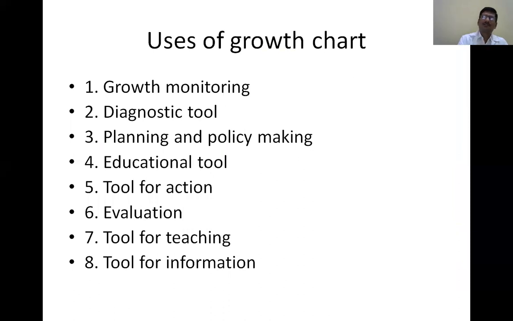So the growth charts can be plotted using these anthropometric measurements that we made. And once we make growth charts, what is the usefulness of those charts for growth monitoring? It's a diagnostic tool, for planning and policy making, an educational tool for action, and for evaluation of a particular interventional program.